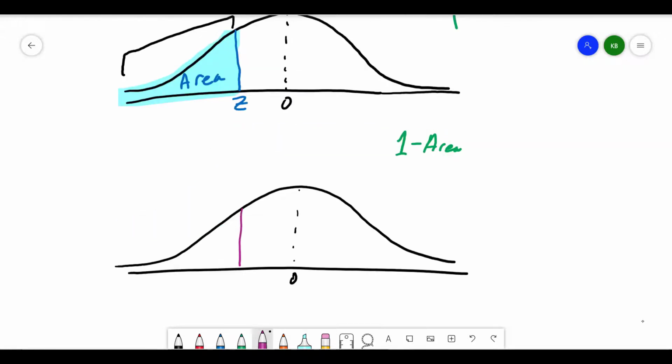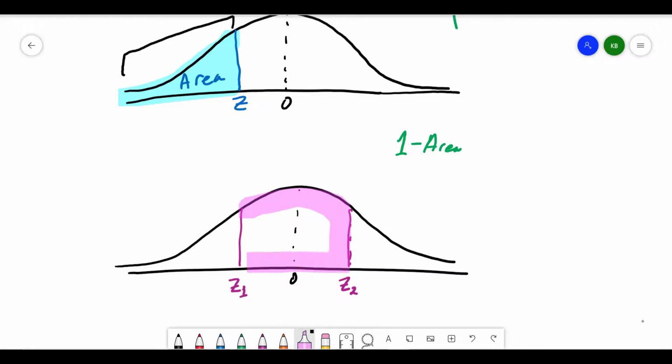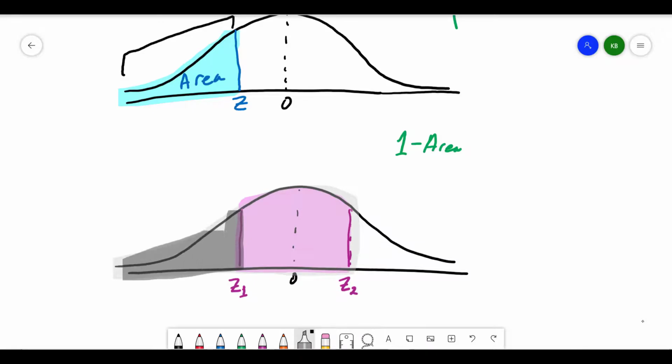Now say I want to find the area between two values, z1 and z2. So the area that I want is this area right here between and underneath of the curve. Now if I read the chart, the area that it's giving me for z2 is really everything to the left of my z2 value. So basically what's happening is I don't want this area that's to the left of z1.